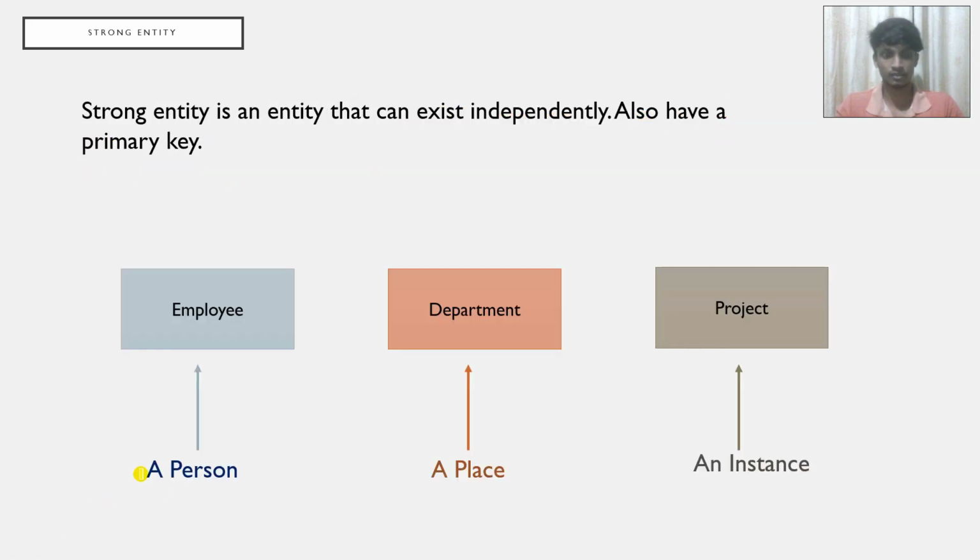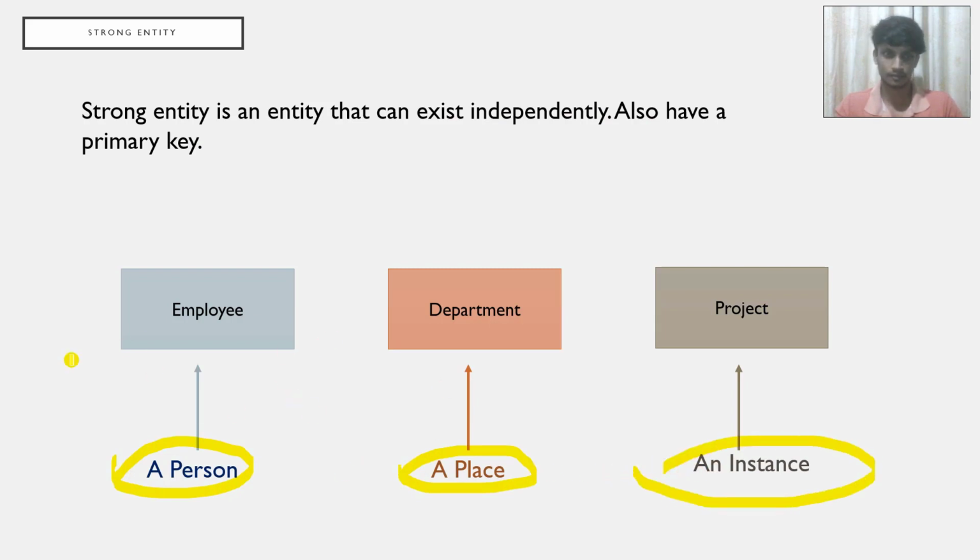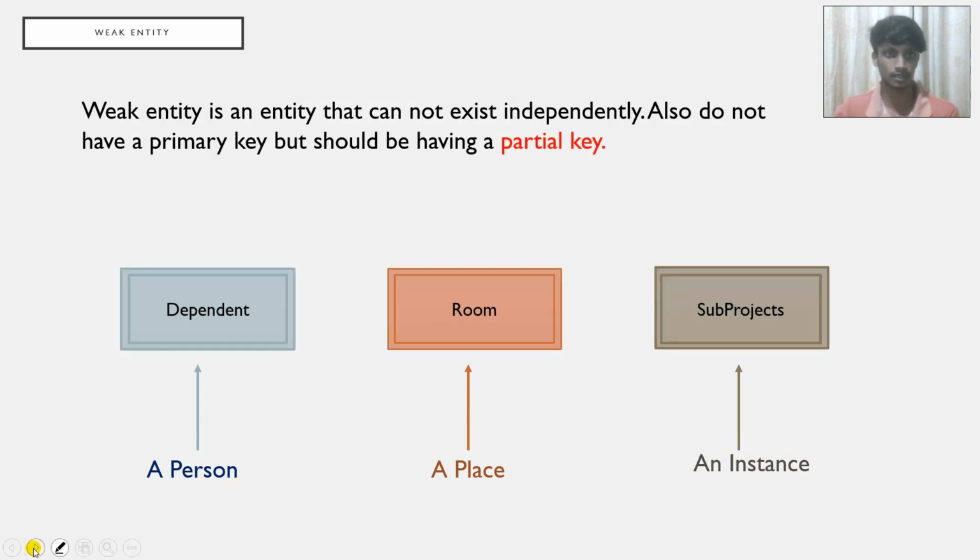So here it could be a person, a place, or maybe an instance. That's how strong entities are made, and that is everything you need to know for the strong entity for now. Okay, so let's move to the next slide.